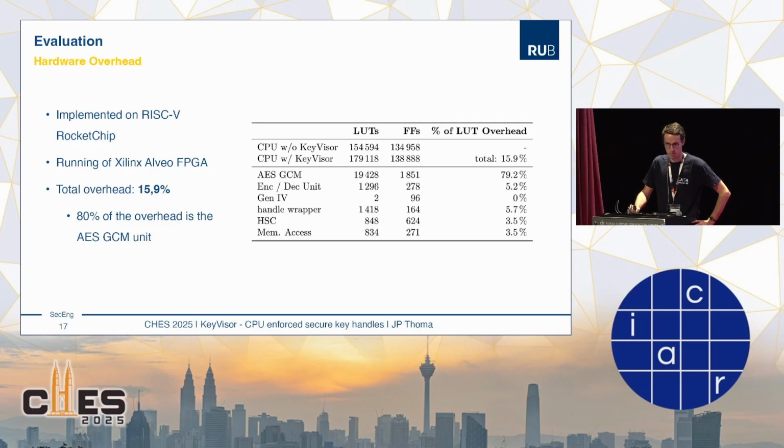So if you have a CPU that has this AES-GCM accelerator anyway, then you would spare about 80% of the overhead here. In addition, you should consider that the Rocket Chip is a really, really small CPU. If you have a more complex CPU, then the percentage overhead goes down by a lot. Overall, the main effort here is to have that hardware crypto unit.